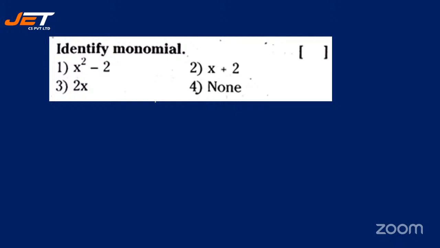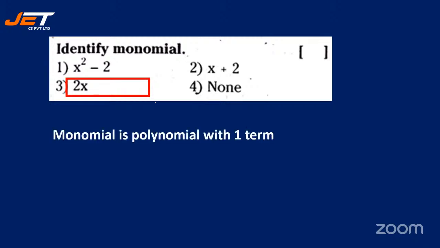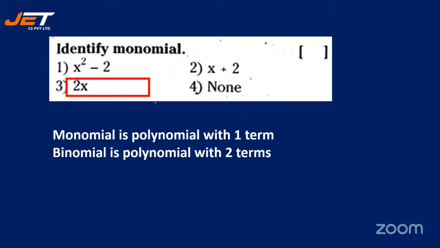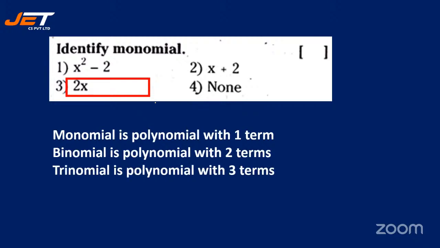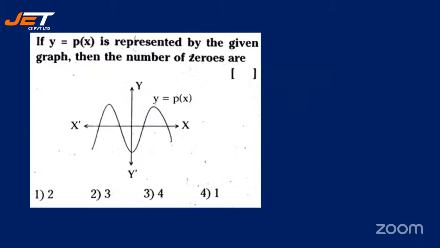Take not more than 30 seconds. Let's disclose the answer. And the answer is 2x. Because monomial is with 1 term, binomial is 2 terms, trinomial is 3 terms. So mono means 1, bi means 2, tri means 3. Just remember it in this fashion. All right, let's move on to the next question.